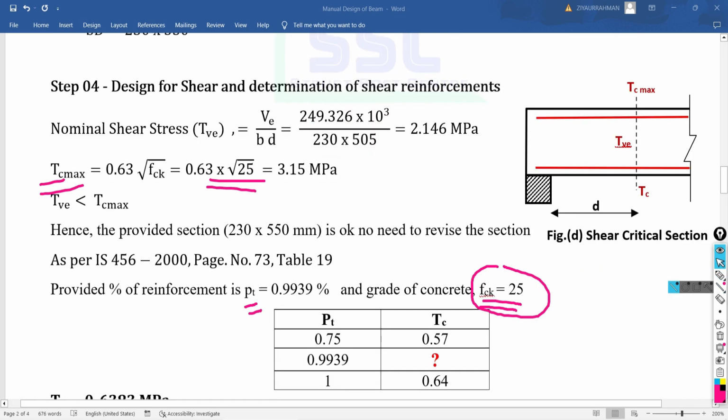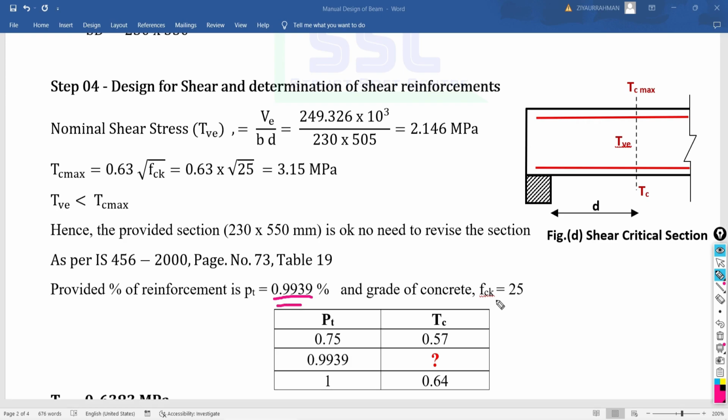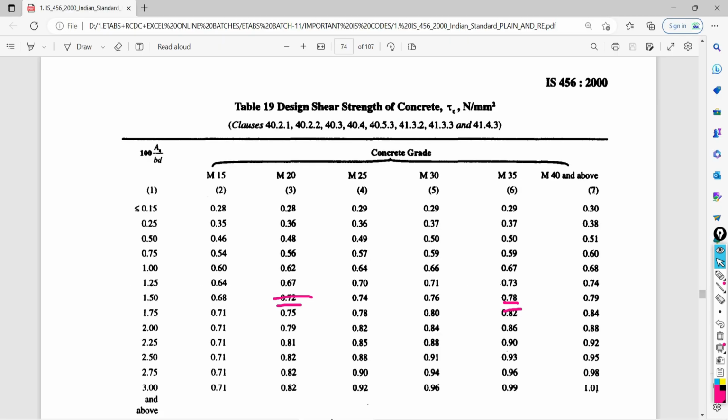So just come down and look at this. This is the percentage of reinforcement provided, and this is the characteristic strength or grade of concrete. In reference to IS 456-2000, page number 73, Table number 19, have a look over this. Here, for different percentages of reinforcement, their respective shear stresses for different grades of concrete are available.